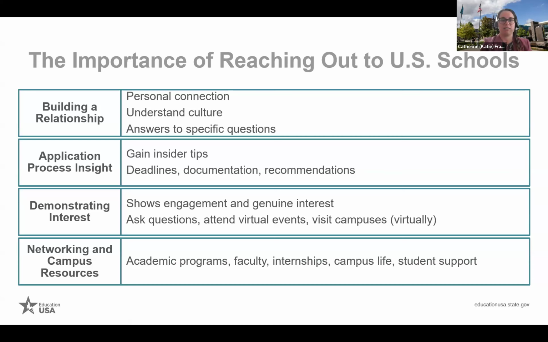And as far as demonstrating interest, there are some universities that will track it. Showing that you're engaged through communication like emails, and also attending virtual events or visiting a campus even virtually, they might actually tag that and show that you're genuinely interested in a university.